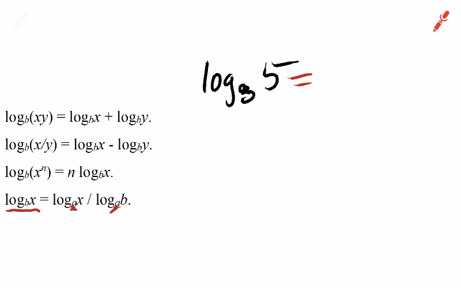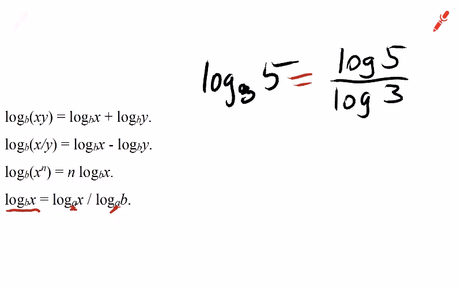So this is equal to the log base 10. I'm not going to write the 10 here, so you just remember it's 10. It's the log of 5 over the log of 3. You could express it this way.